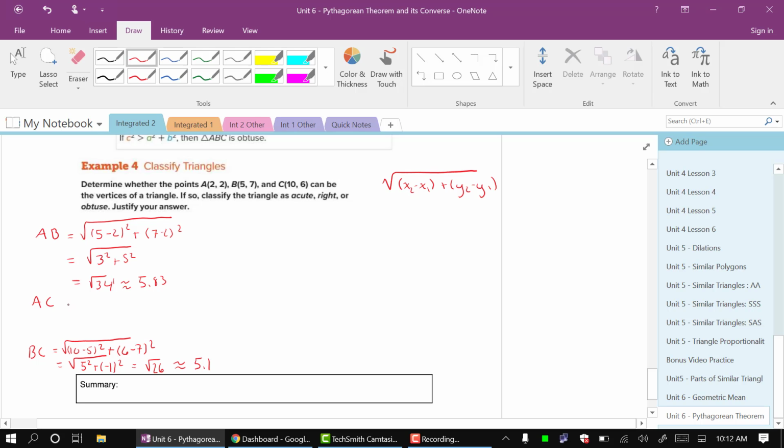And then our last one, AC, is going to be the square root of 10 minus 2 squared plus 6 minus 2 squared, which is the square root of 8 squared plus 4 squared, which is the square root of 80, which is about 8.94.